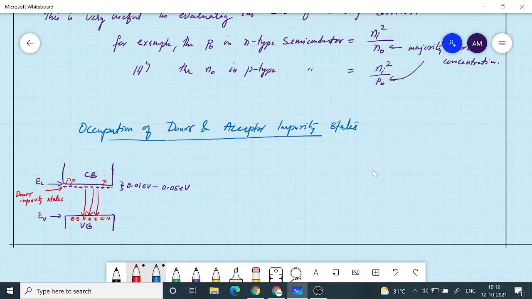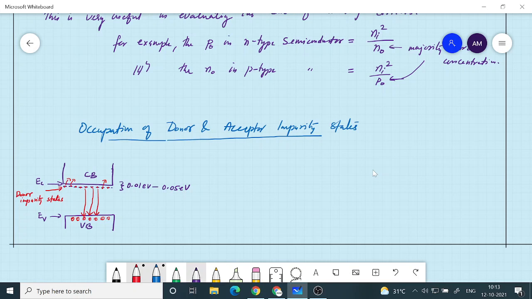The normal energy band states, the states in the band structure of the crystal, are occupied according to the Fermi-Dirac function. Now, can we apply the Fermi-Dirac function to talk about the occupancy of these donor states? The answer is yes, but there is a slight difference in the formula.